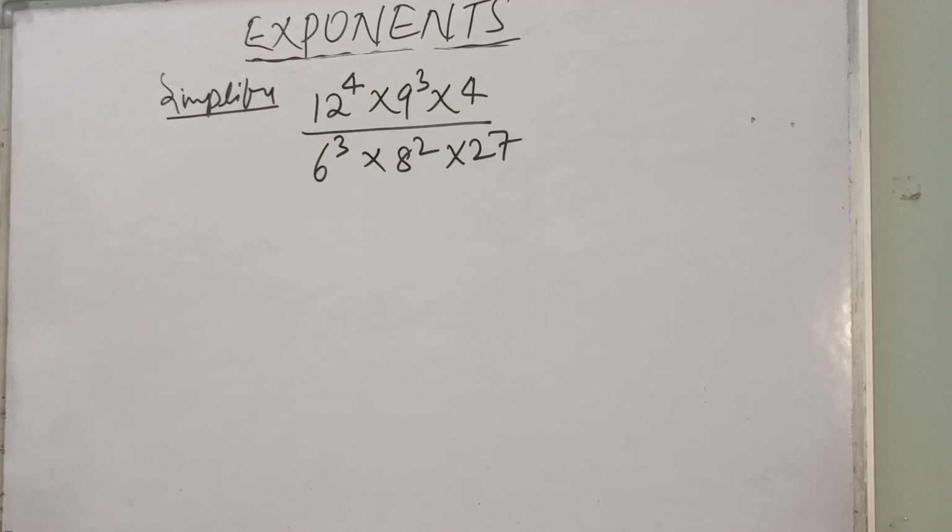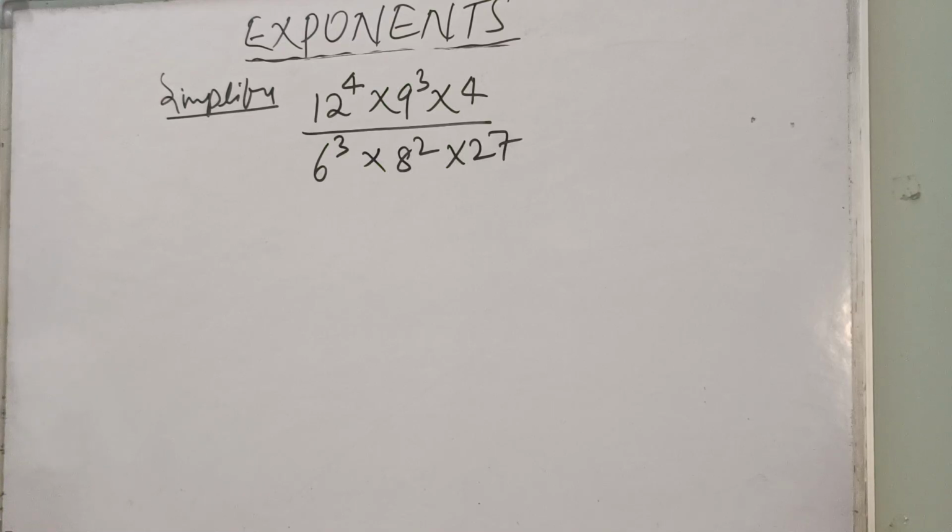Like suppose there is 12 to the power 4, you are seeing this 12 to the power 4. How can we break this 12 to the power 4?